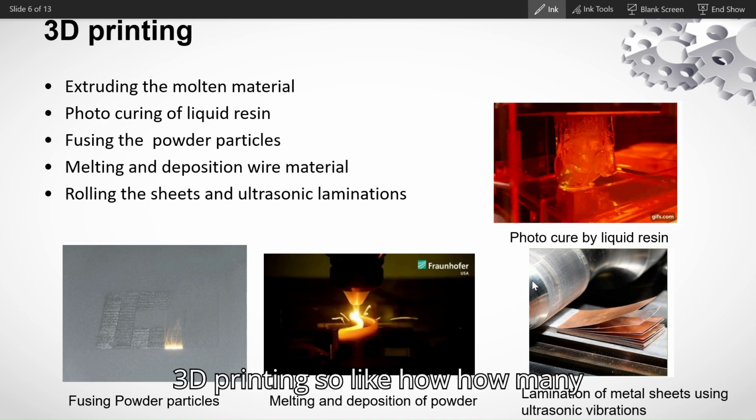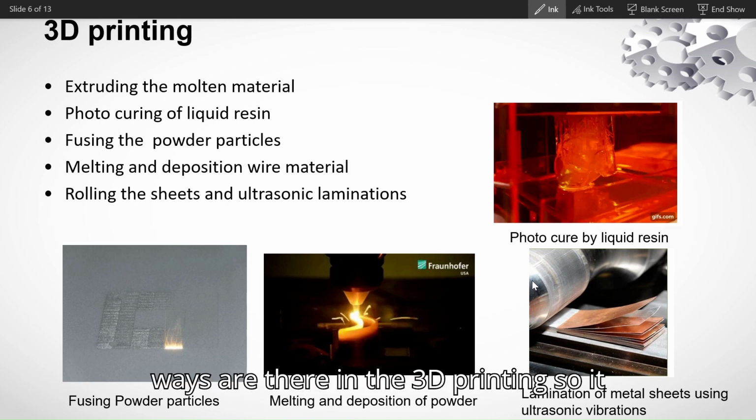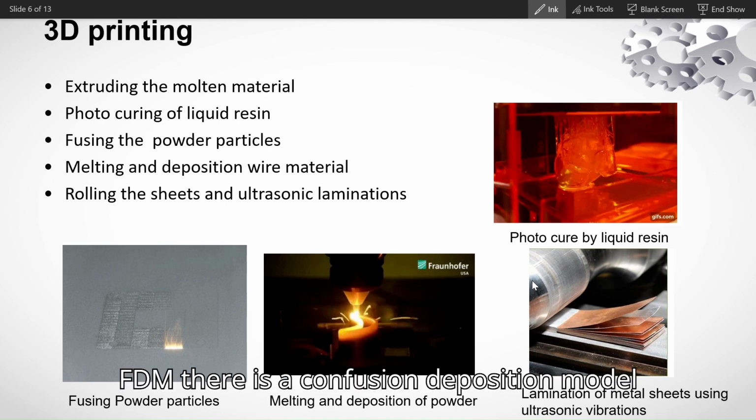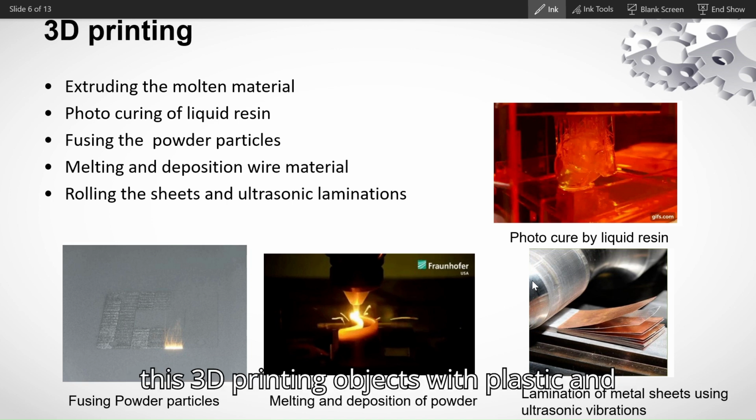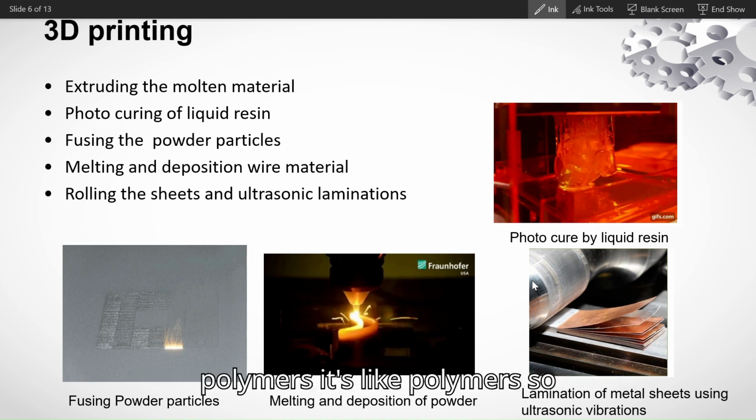So how many ways are there in 3D printing? It can be done by extruding molten wire, as in FDM, called fused deposition modeling. You might have heard about 3D printing objects with plastics and polymers.